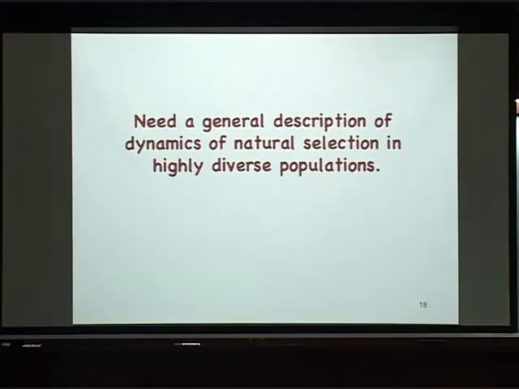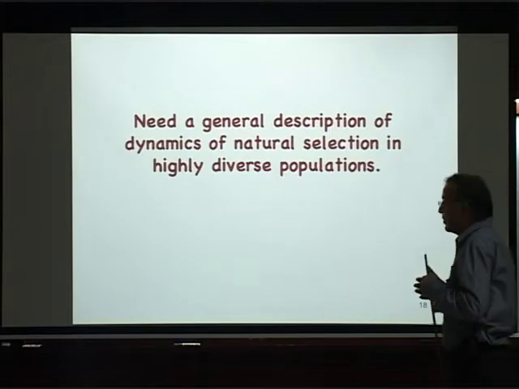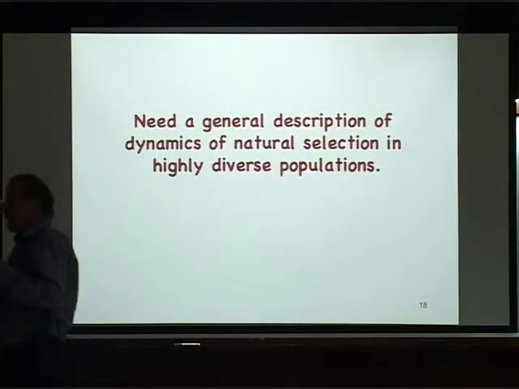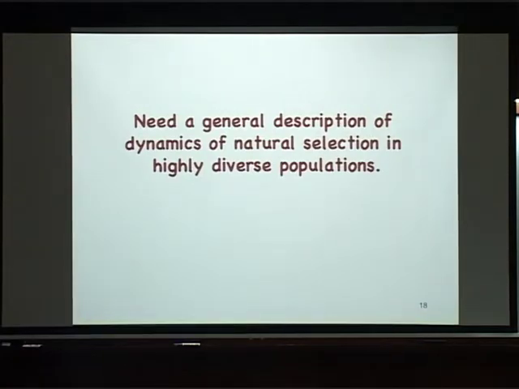So that's basically the agenda. We'd like to obtain this general description of natural selection in highly diverse populations, and if anything, use that description to replace the neutral theory as the null model.